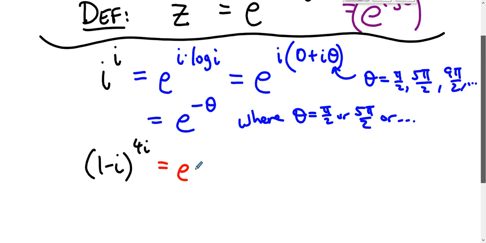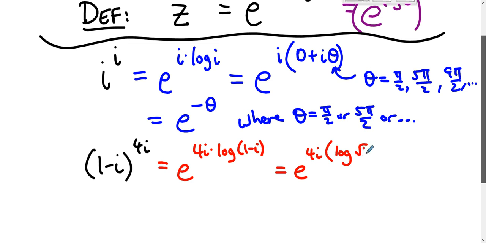Well, that's e to the 4i times log of 1 minus i. Well, how do you find that logarithm? Well, that's the log of the distance that this number is from the origin when it's plotted in the complex plane plus i theta.